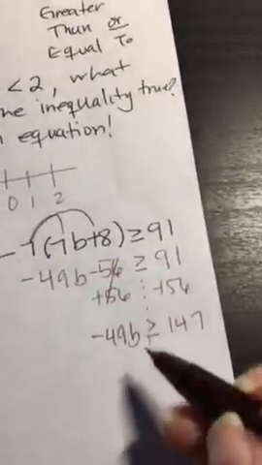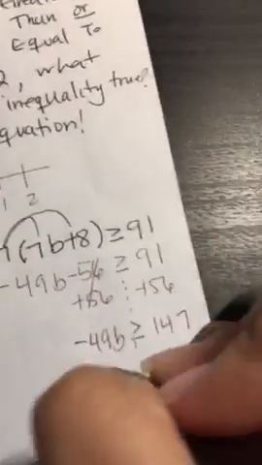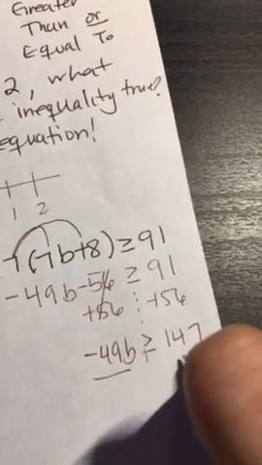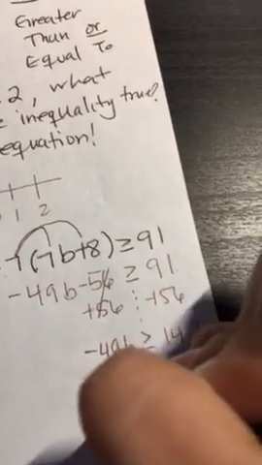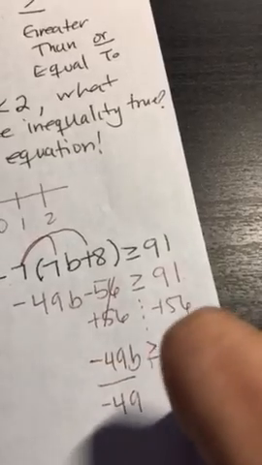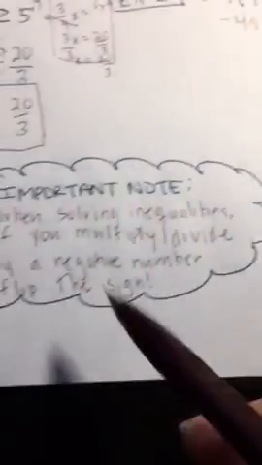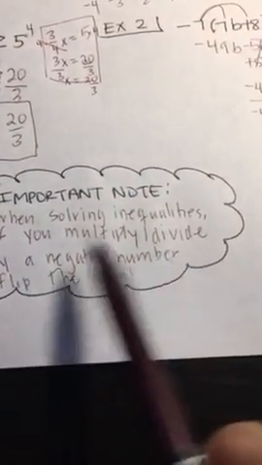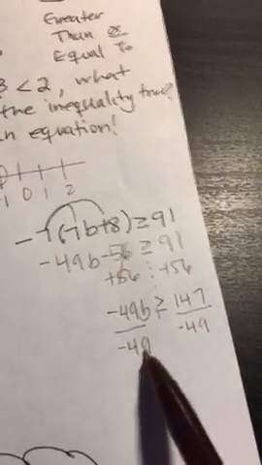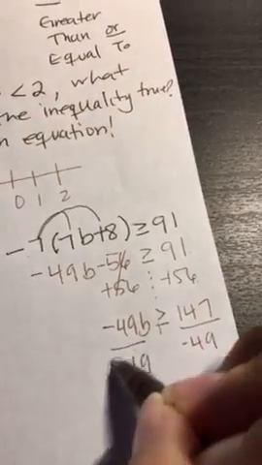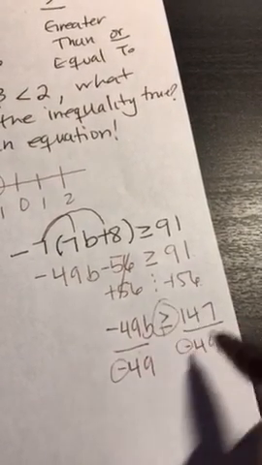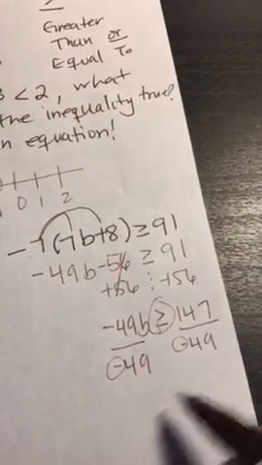Again, what are you going to do here? You're going to divide by negative 49. And what's our rule? The rule we just talked about, this one right here: if you multiply or divide by a negative number, flip the sign. So I have to flip this sign here because I just divided by a negative number. So whenever this is negative, this sign is going to flip the other way.